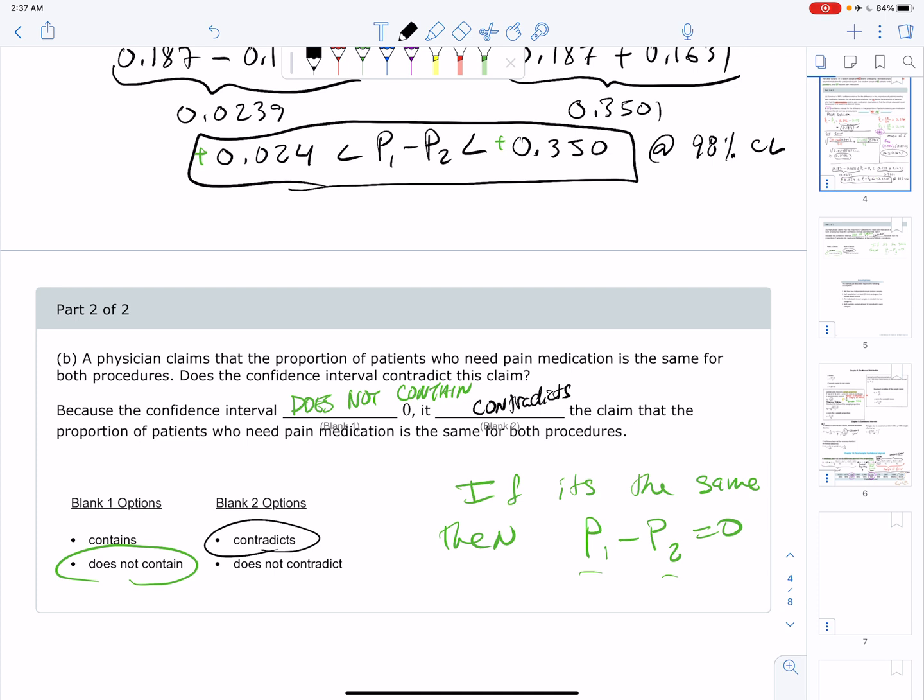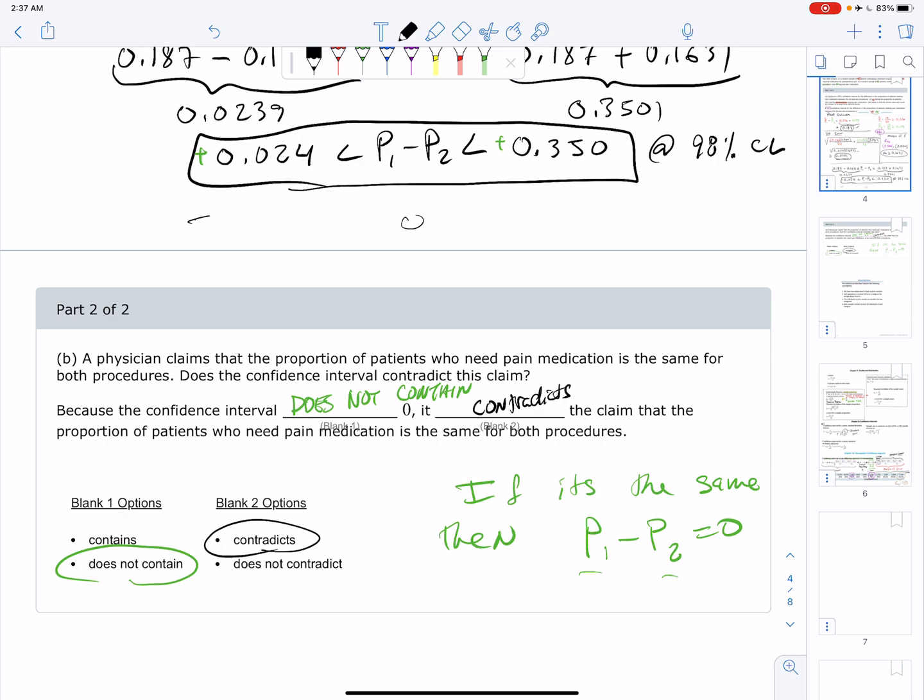Now, had this been a negative over here, then 0 would be in the middle, and we would say it doesn't contradict, because we would have evidence that the two procedures are the same.